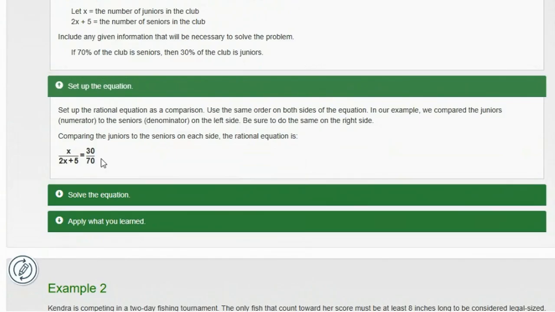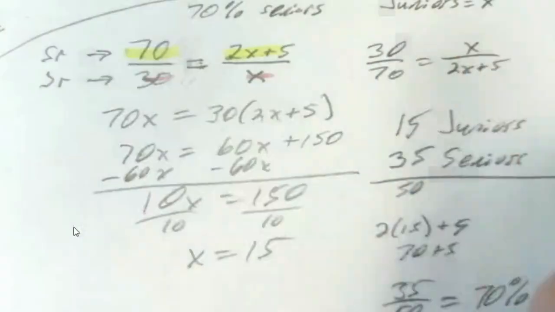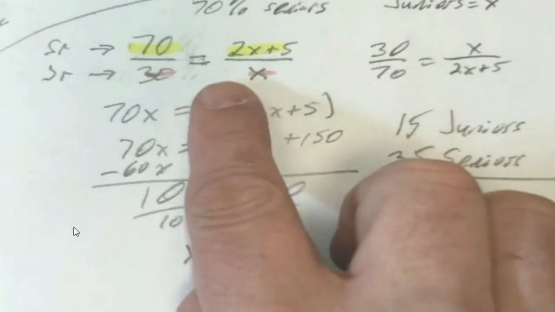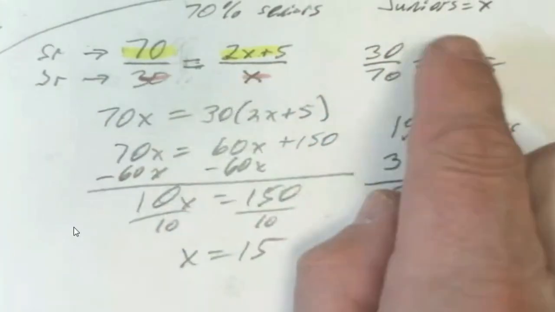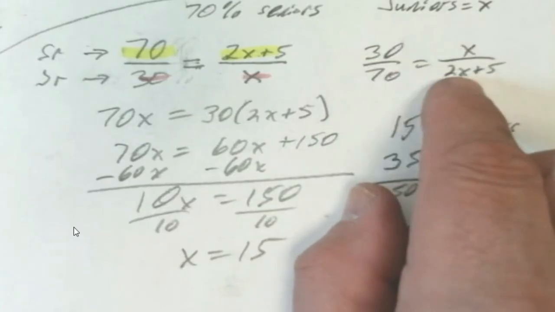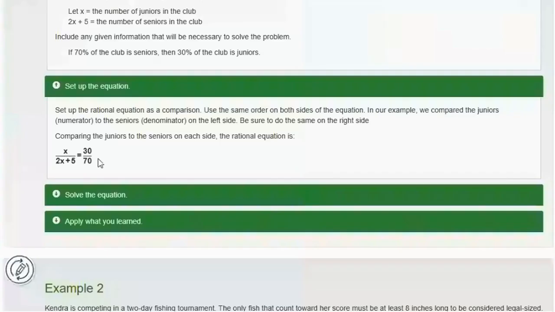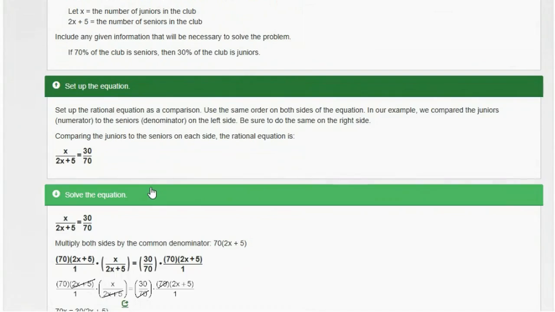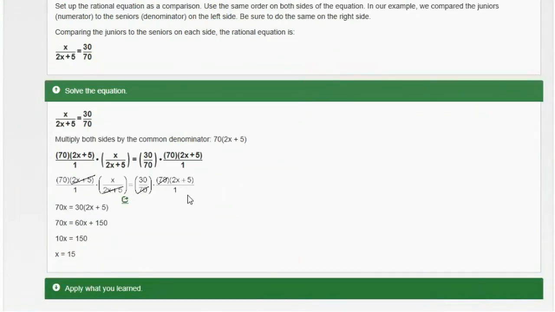Like I said, there's more than one way to set this up. Notice that's the other way. I set it up with the seniors on top. They set it up with the juniors on top. But look what happens right away when you start to solve it. You end up with the same equation. 70x equals 30 times 2x plus 5.